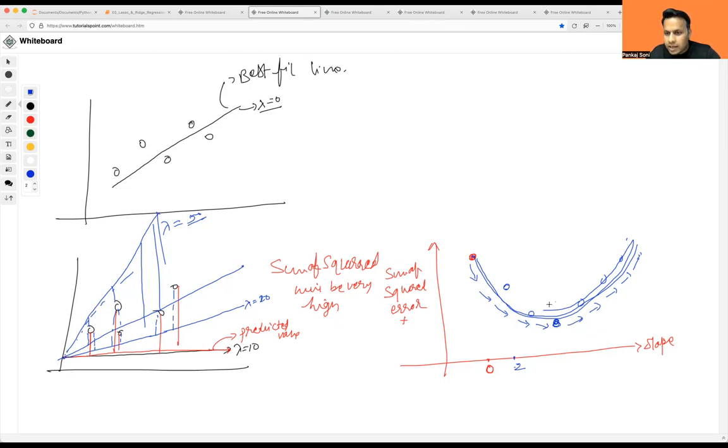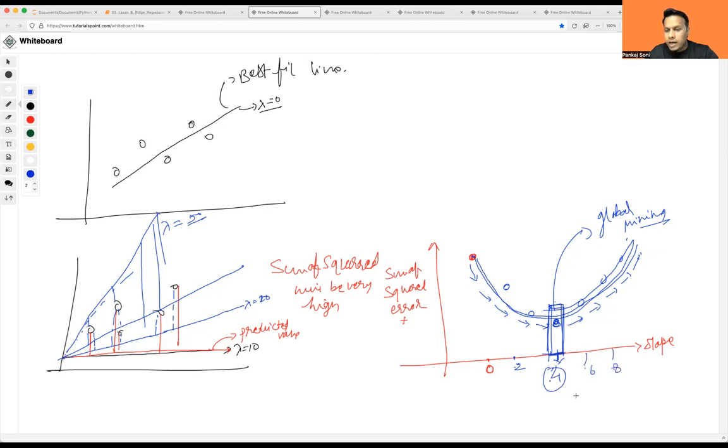So exactly at what point was your sum of squared error minimum? This is the point. This is what we are interested in finding out, and that's where your best fit line will come, where you have the global minimum. Out of this whole parabolic equation, where is my global minimum? If you are able to find the global minimum, that's where this slope is going to be, let's say, 0.4, 0.6, 0.8.